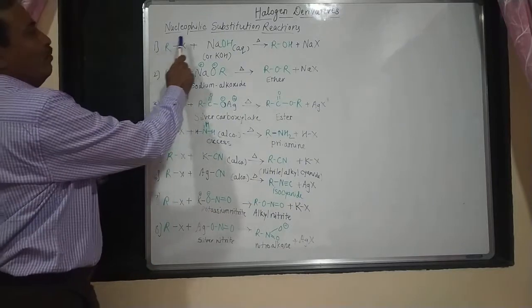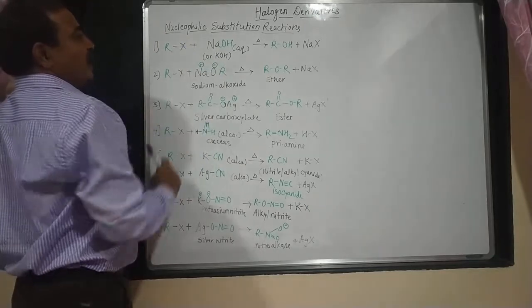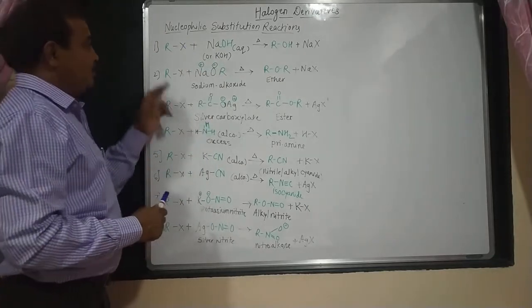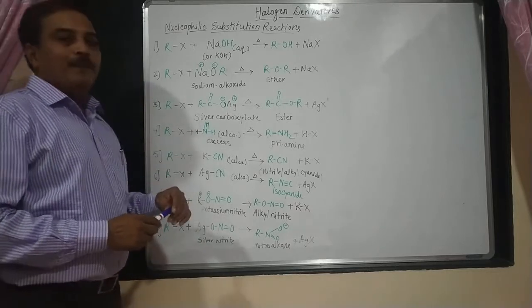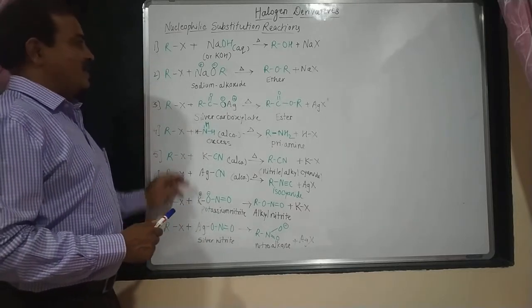The first nucleophilic substitution reaction we consider is by using aqueous NaOH or aqueous KOH. What we are going to learn by heart is that everywhere the alkyl halide is taken.